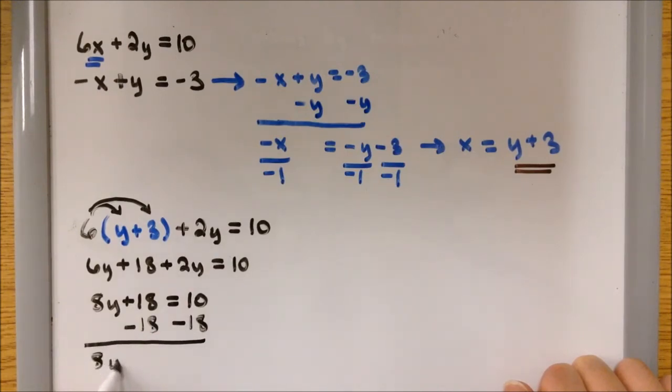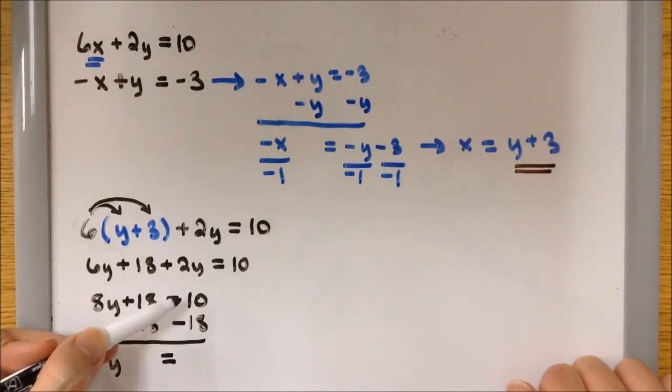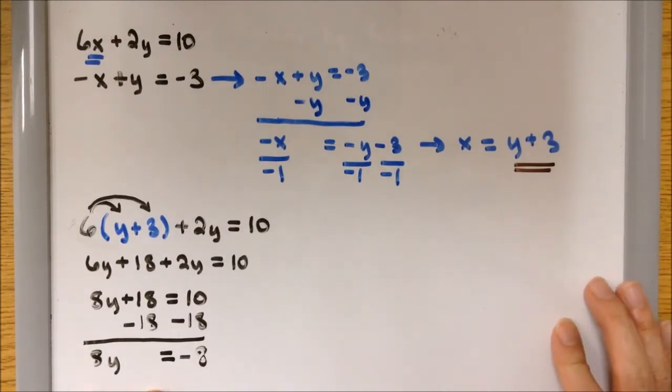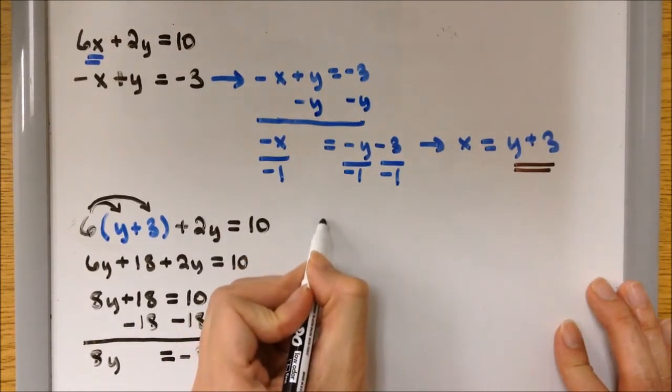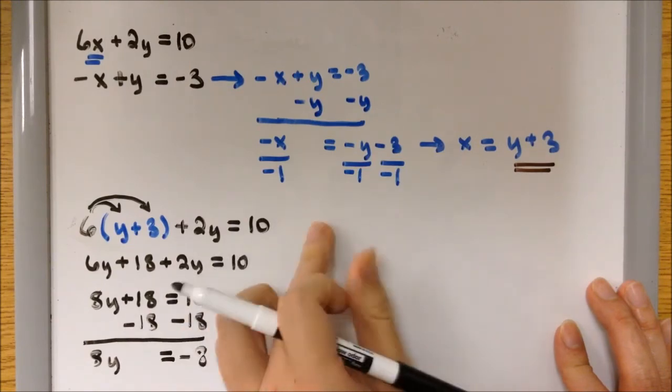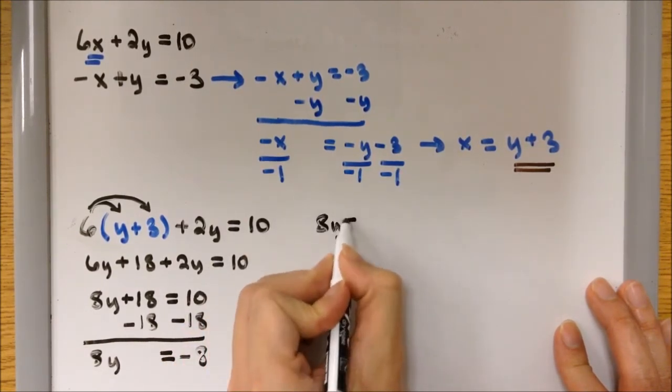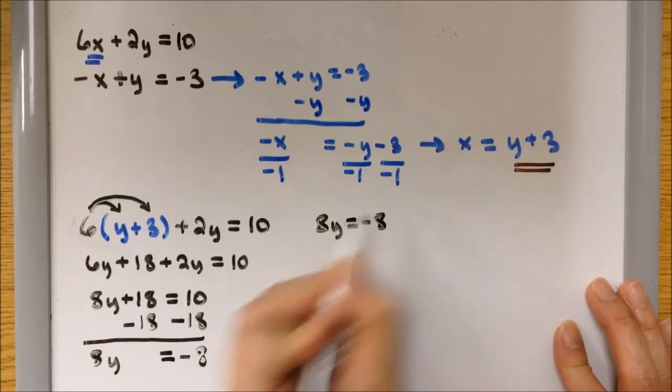So 8y equal, again, if I want to double check, I use the number line. 10 minus 18 will be negative 8. So I'm going to write right here, no more space, so 8y equal to negative 8.